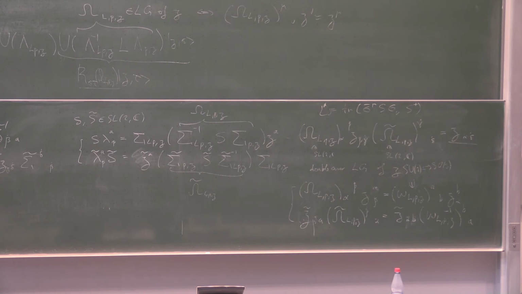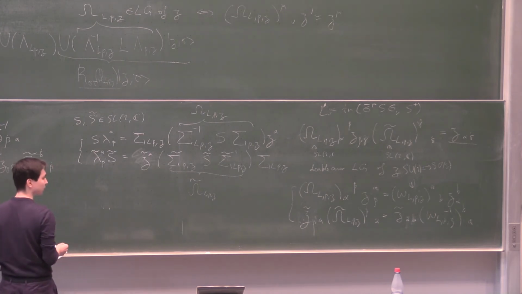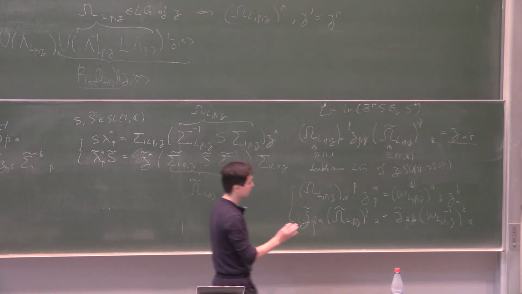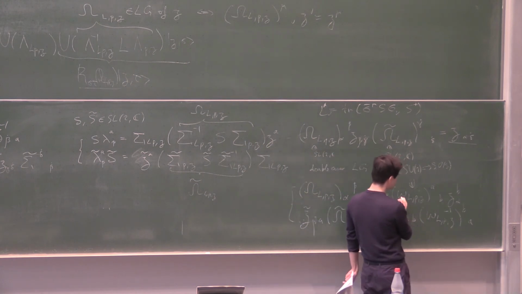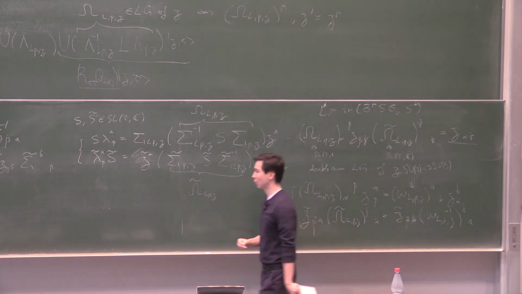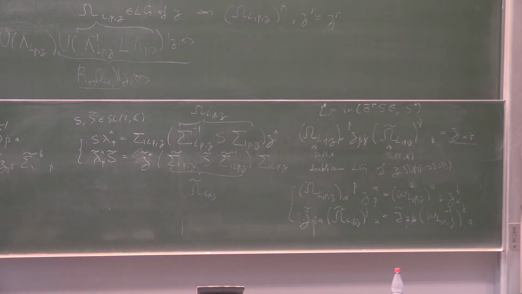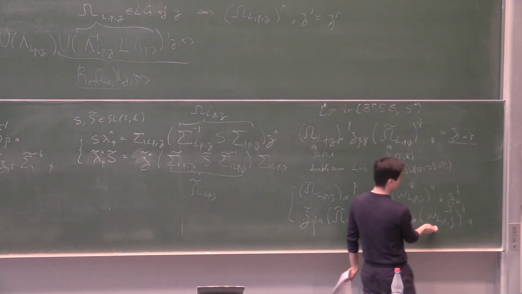Now, okay, actually there's a funny thing that happens here. So at the moment I wrote them in this way: omega and omega, 1 over omega basically. But this 1 over omega, this inverse omega, it has different indices.